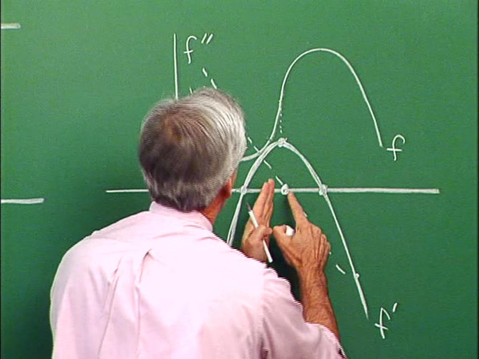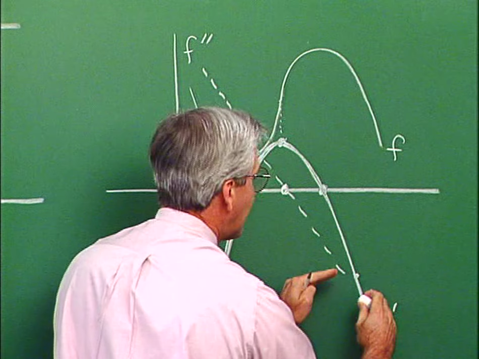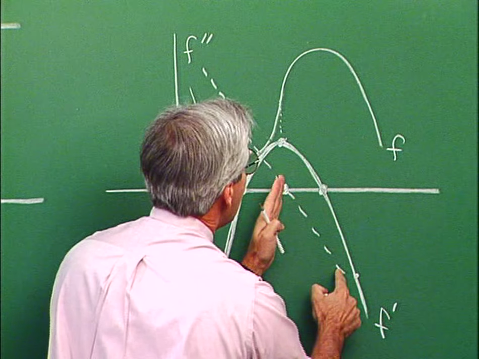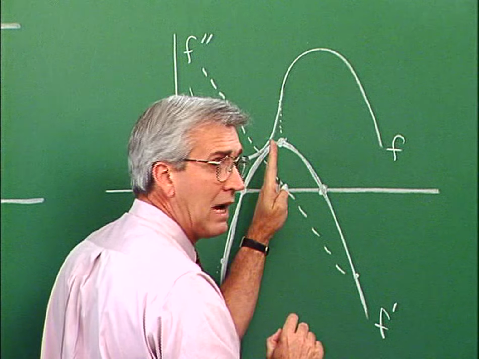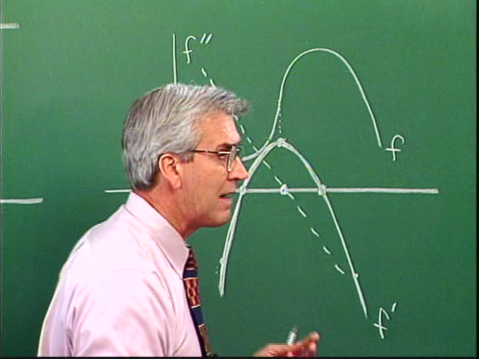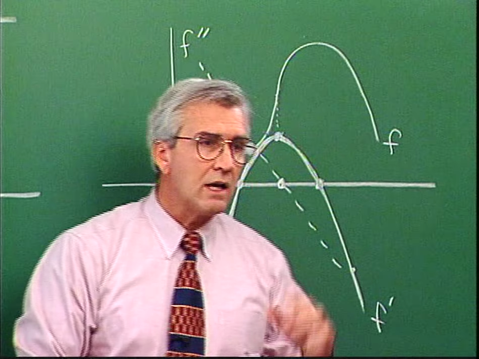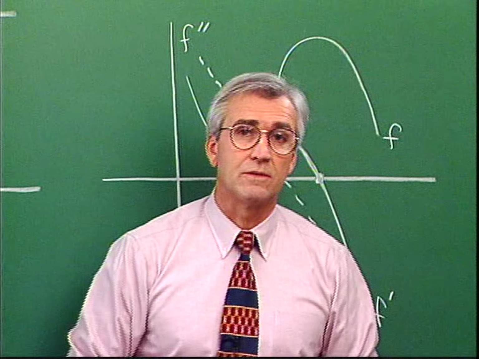And in the interval where f double prime is negative, where all the values of f double prime lie down here, our original function turns out to be concave downward. All of those aspects are coming into play here. We want to be able to talk about concave upward and downward, and we want to be able to identify inflection points.